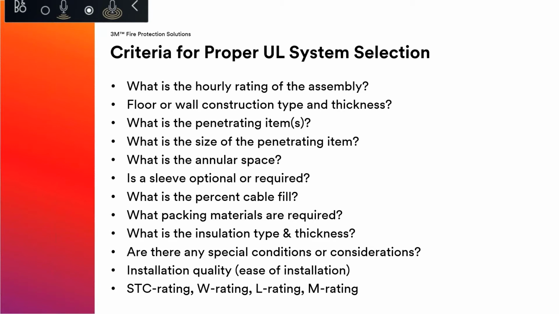Now there's an M rating that's starting to be enforced, which gets down to the movement criteria. So again, we want to understand all the different conditions, all the different scenarios, and substrate and penetration types, joint width and things like that before we can determine the appropriate product and the appropriate UL listing.